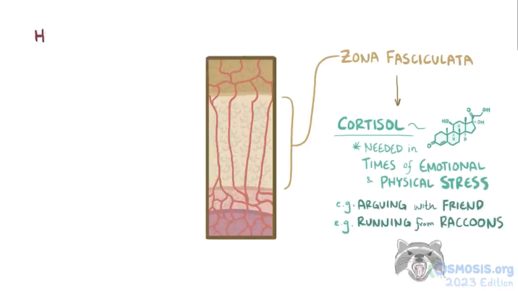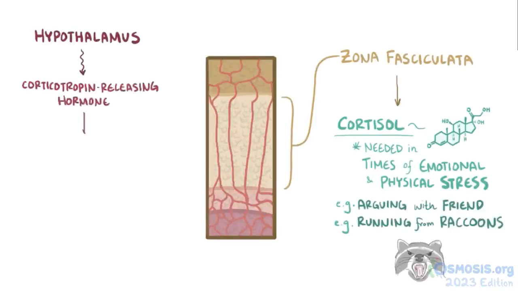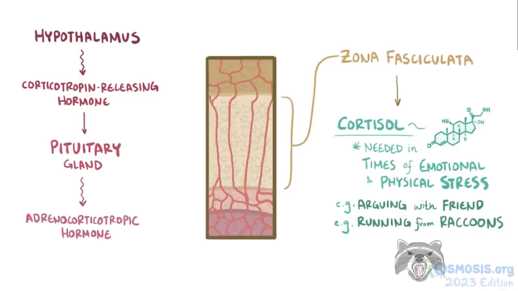In those situations, the hypothalamus, which is an almond-sized structure that sits at the base of the brain, releases corticotropin-releasing hormone, which is then received by the pituitary gland, the pea-sized structure sitting just under the hypothalamus. In response, the pituitary gland sends out adrenocorticotropic hormone, or ACTH, which travels through the blood to the zona fasciculata of the adrenal glands, and signals cells there to release cortisol.